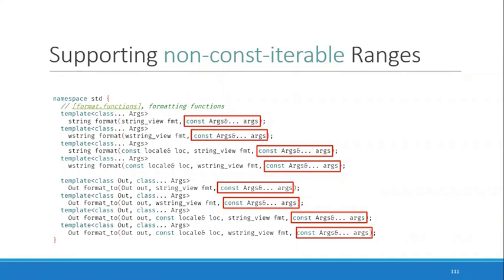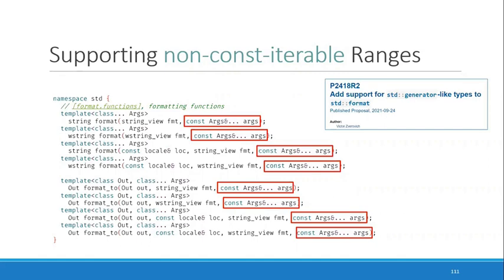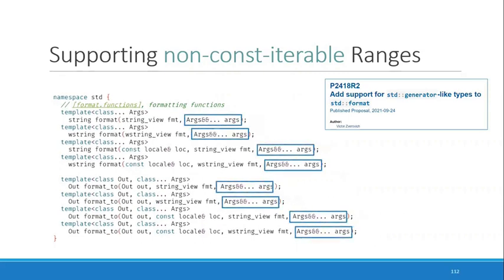So this is why Victor Zverovich wrote this paper a while back now, because there are types that are move-only, non-copyable views, like std::generator that we just added in C++23 that people are going to use. They're going to want to have them work with this facility. So what that paper did is it changed all of these APIs to take a pack of forwarding references instead.